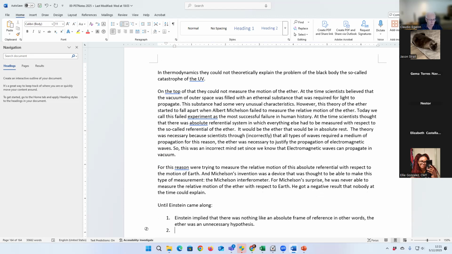Then Einstein said something else: every motion must be measured always with respect to another referential. Okay, always with respect to another referential.